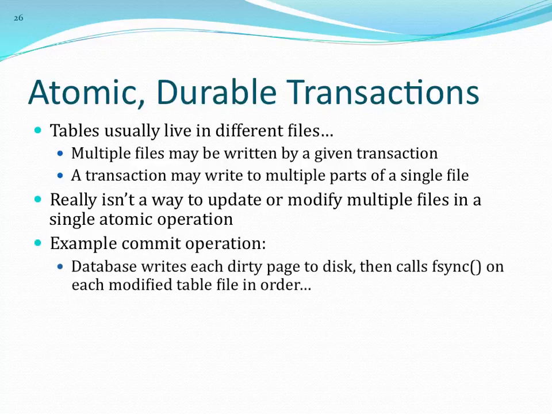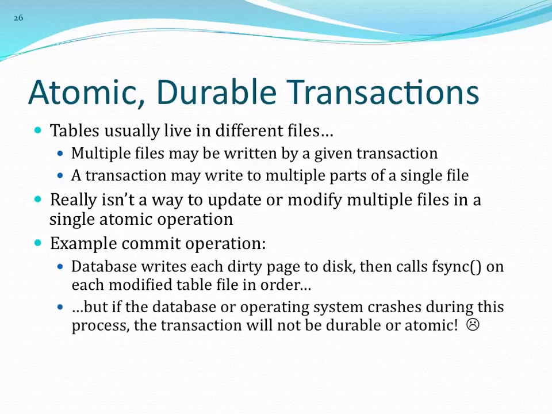So here's an example thing that we could try doing for commit. We write each dirty page to disk, and so we say for files 1 through n that we modified, for pages 1 through m that were in each file, we write each one of those pages out. So now we know the buffer manager has no dirty pages in memory. And then we fsync each file.